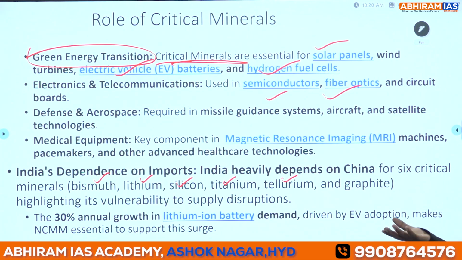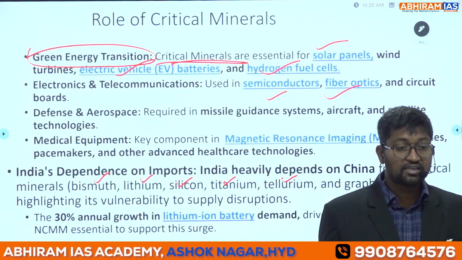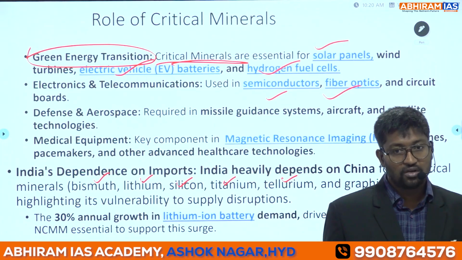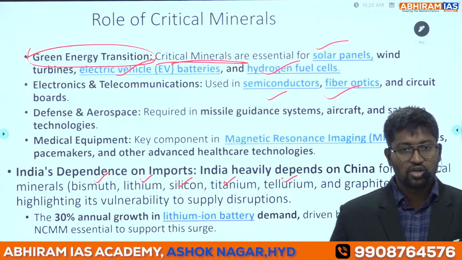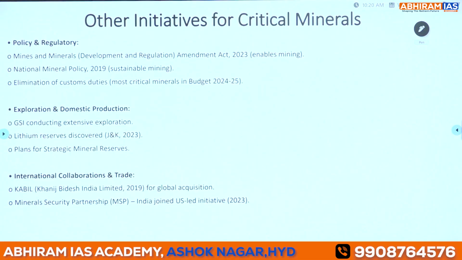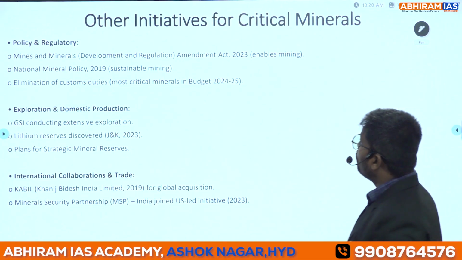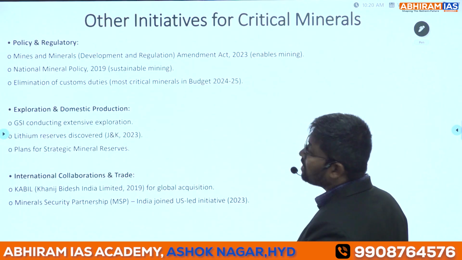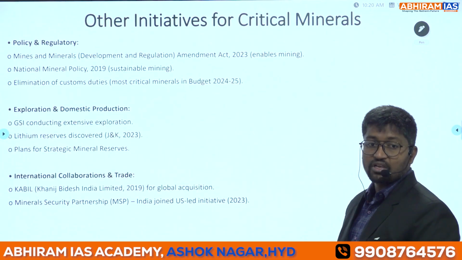See, now you know electric vehicles run on batteries. Lithium-ion batteries. So you need lithium to manufacture what? Batteries. Now you understood how the National Critical Mineral Mission is very much important. So now what type of initiatives have been taken under this to promote critical minerals?